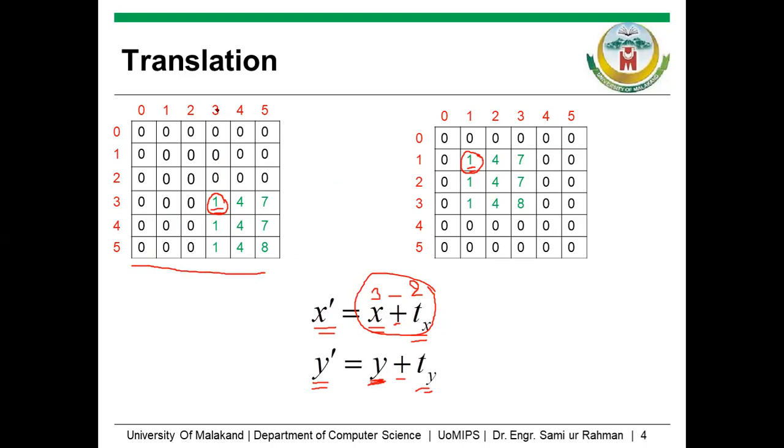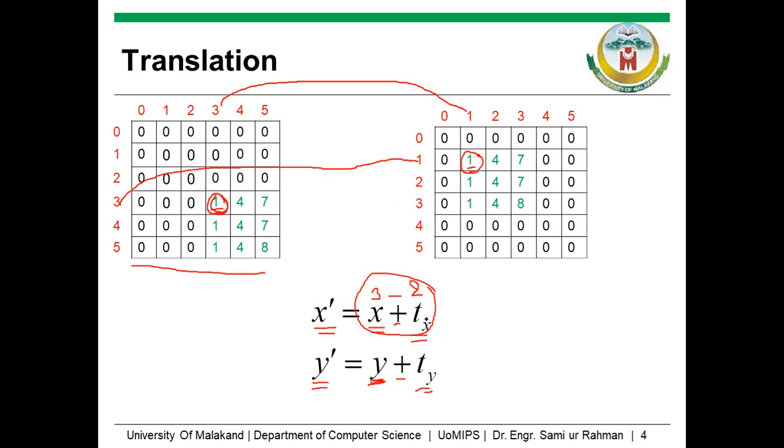Initially the x position was 3, but in the new position the x position is 1. And for y, the first position is 3, and the new position for y is 1. So this is the actual movement. Sorry for my incorrect explanation.